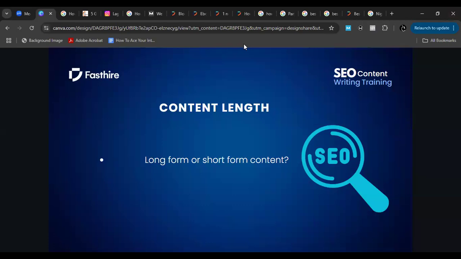So don't write long form content for a topic that needs short answers, and don't write short form content for a topic that needs more explanation. For instance, when you're talking about money related conversation, you need a lot of communication and explanation, so you don't make short form answers in such content.